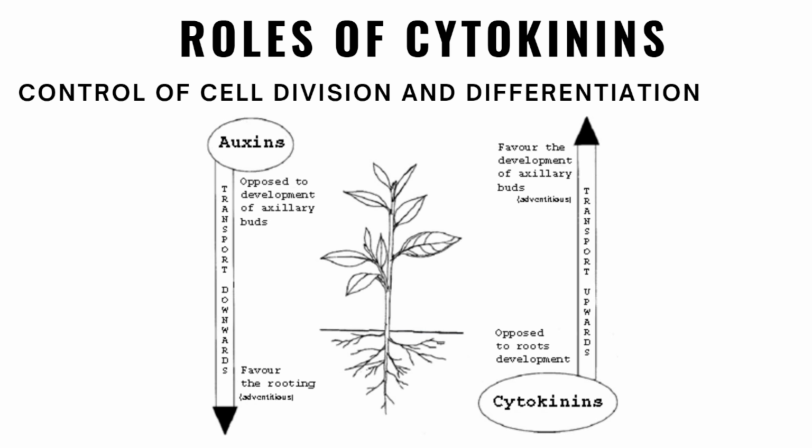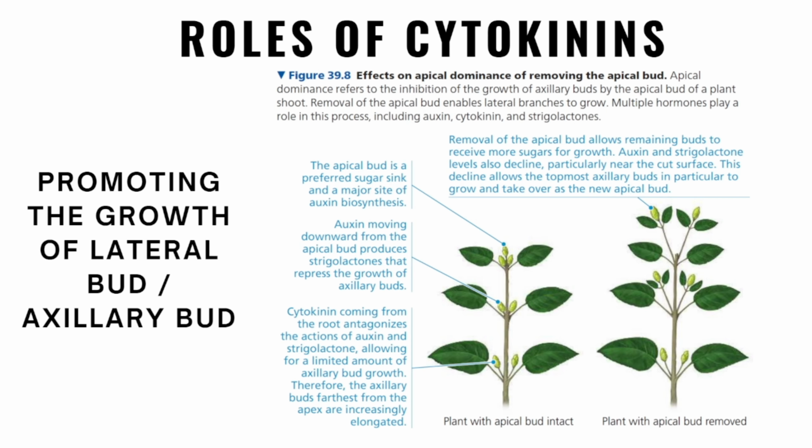Cytokinin is related with auxin in the formation of plant organs. The difference between cytokinin and auxin is that auxin makes the cell bigger and larger, but cytokinin increases the number of cells, making the cells more mature. So these are the differences between cytokinin and auxin.